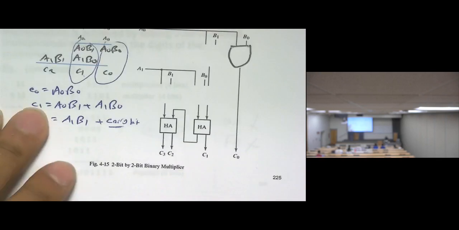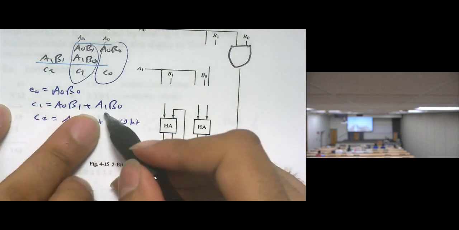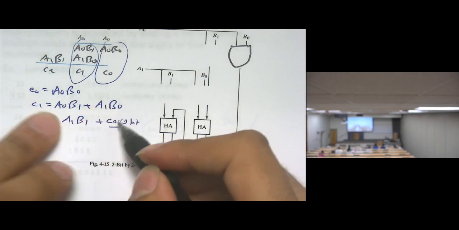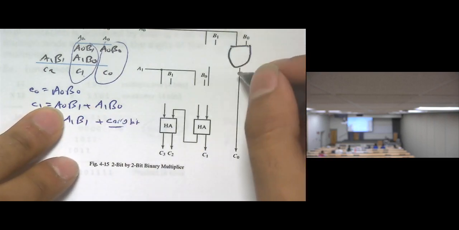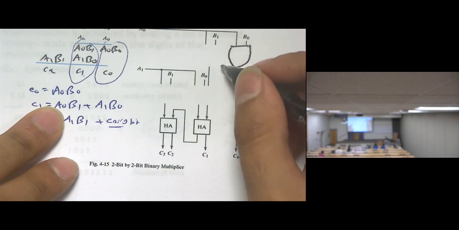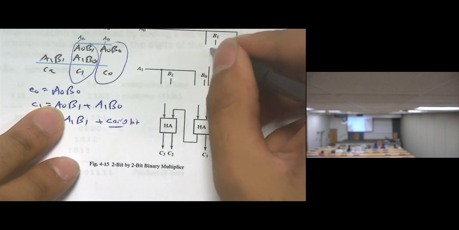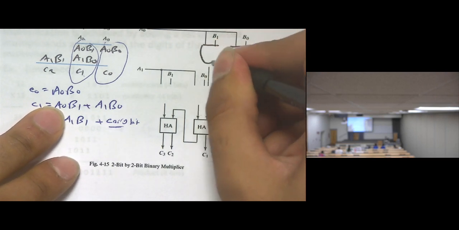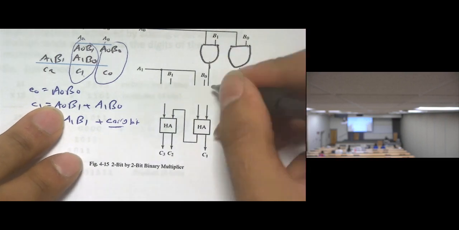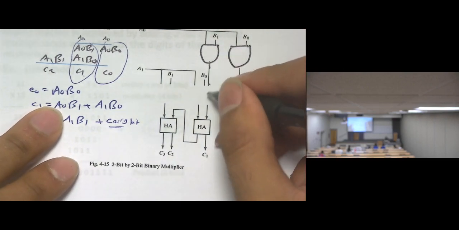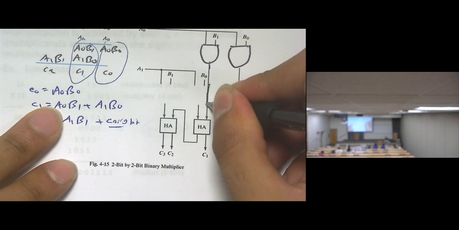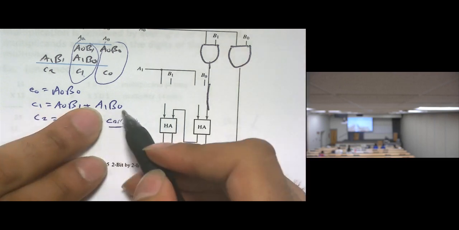For C1, it's A0 times B1 plus A1 times B0. So A0 times B1. Here is A0 and B1. We can make this gate, and then it goes in as an input. Then A1 times B0.